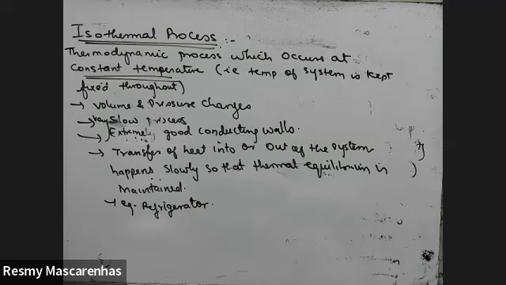But it's a slow process. So you will not see that you put in some substance and within seconds it becomes cold. It will take time. Now under isothermal process, we'll see what happens for ideal gas.